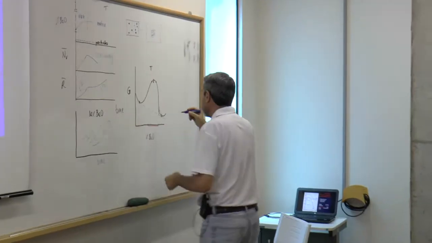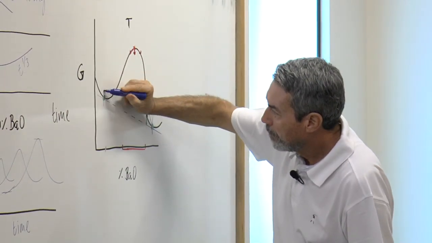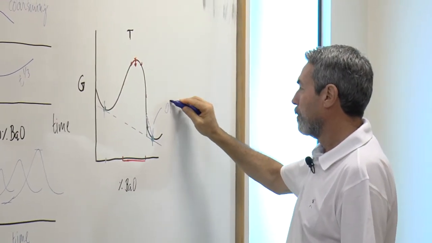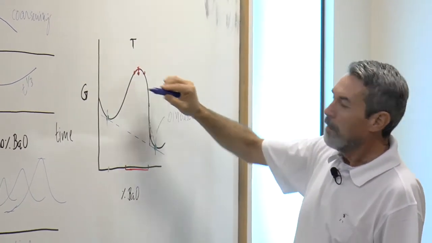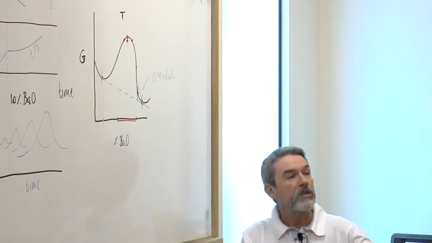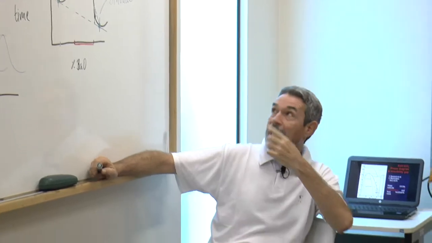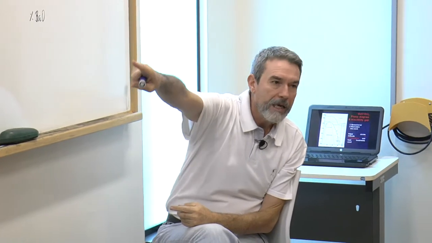Okay? This minimum and this minimum refer to the binodal boundaries. And the red points at the inflection points refer to the spinodal boundary, which, of course, are completely related to the immiscibility gaps, the regions where the two liquids are immiscible.